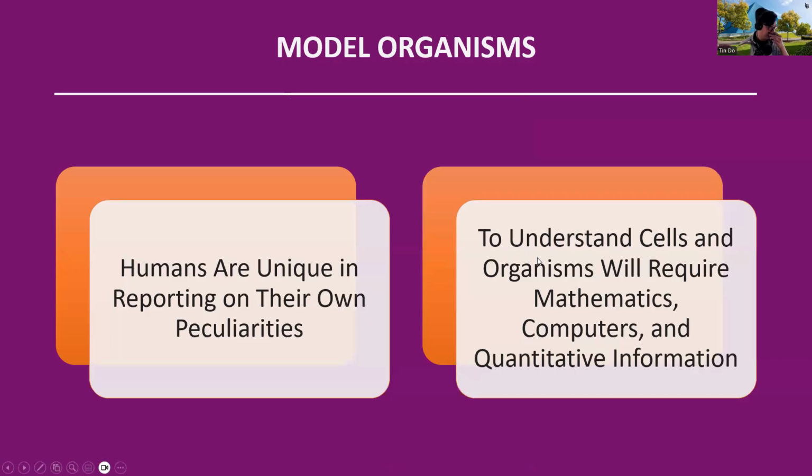Okay. So humans are unique in reporting on their own peculiarities, and to understand cells and organisms will require mathematics, computers, and quantitative information. Now, with the introduction of artificial intelligence, we're able to use a lot of these theoretical models to figure out what could potentially happen prior to doing clinical trials in the industry.